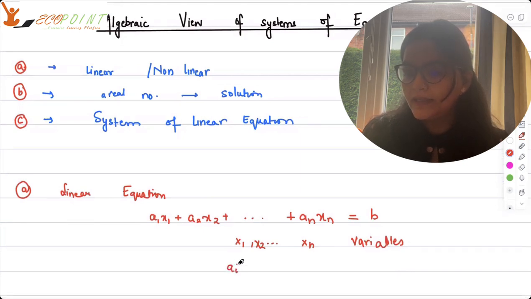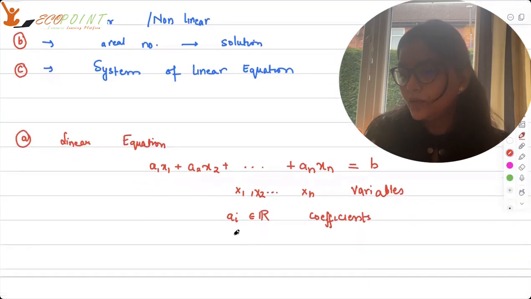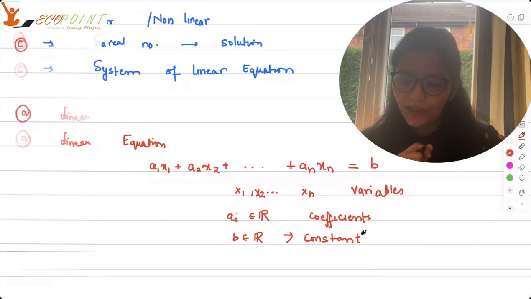These ai's that you see are real numbers. They are called the coefficients of the equation, and b is also a real number, which is called the constant term. So it's the constant of the equation, okay?